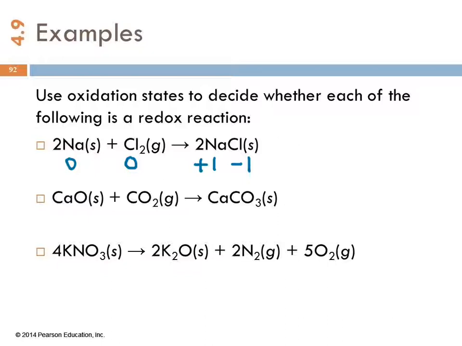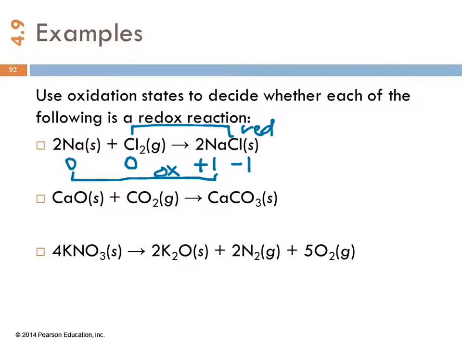So what is happening to this sodium? Being oxidized or reduced? It's being oxidized. Oxidation is loss of electrons. The oxidation number went up because it would have lost an electron. So this is being oxidized. And the chlorine then must be being reduced, right?